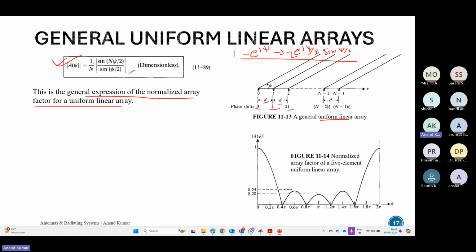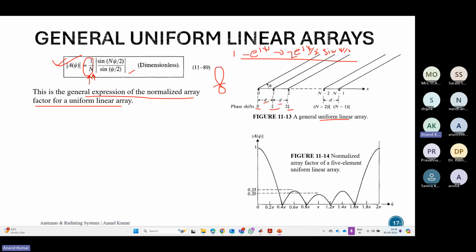We're saying normalized because we have this 1 by n term over here. Since we are just concerned with the pattern, we're not very focused on the exact magnitudes. We're happy to know which direction has the maximum radiation and how the pattern looks.